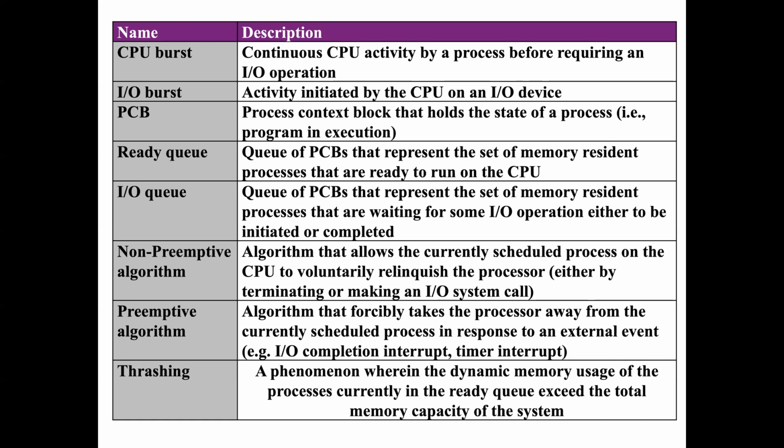And then we have our appropriate non-preemptive and preemptive algorithms: non-preemptive is used to allow the currently scheduled process on the CPU to relinquish its processor, and preemptive is used to forcibly take processors away from a currently scheduled process because of an external event. And then we've also discussed thrashing, which involves dynamic memory usage of the process.